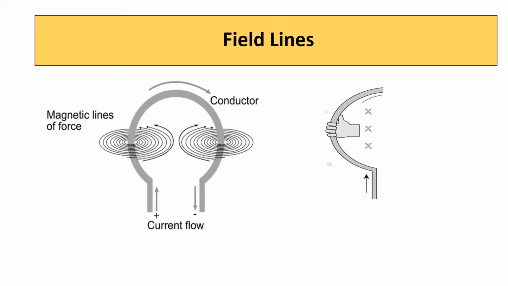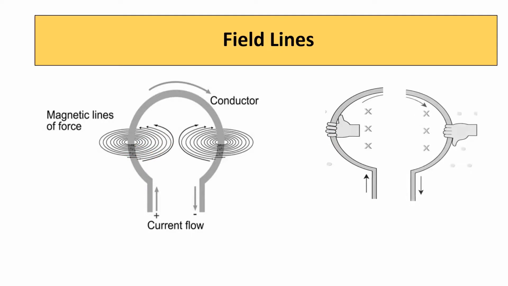Hold the coil such that the thumb points the direction of the electric current. When you consider this part, this is the direction of the electric current flow. The curled fingers will give you the direction of the magnetic field. This will be the direction of the magnetic field.